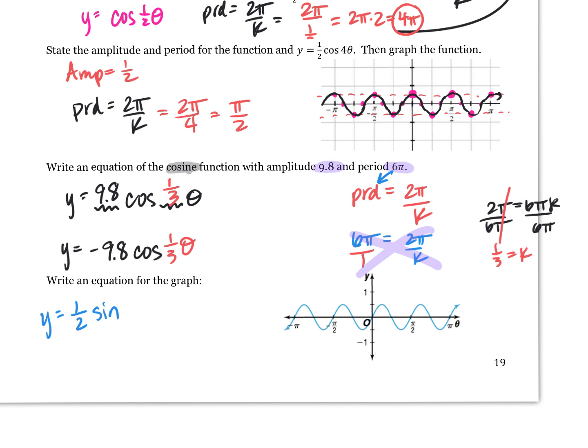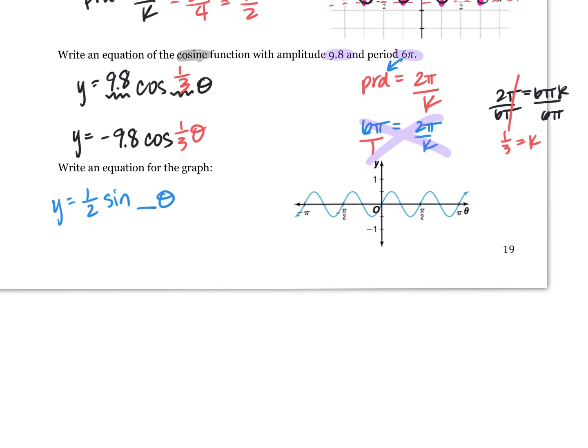Guys, we got to go find out what my k is. We got to find out what k theta is. That k deals with the period. I know period is 2 pi over k. Based on this picture, what's the period of this graph? How long until it repeats itself? Pi over 2. I think it's actually pi over 2, right? So I'm going to say pi over 2 equals 2 pi over k.